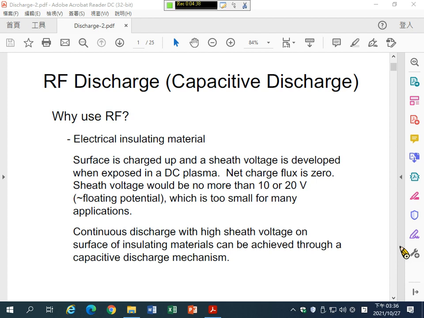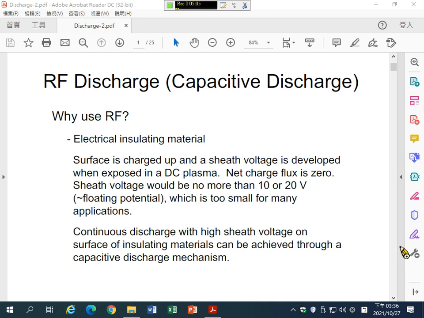But later on, after the plasma is generated, the plasma will extinguish in a very short time. So if we place an insulating material on the surface of an electrode, we cannot run a continuous plasma or continuous glow discharge.